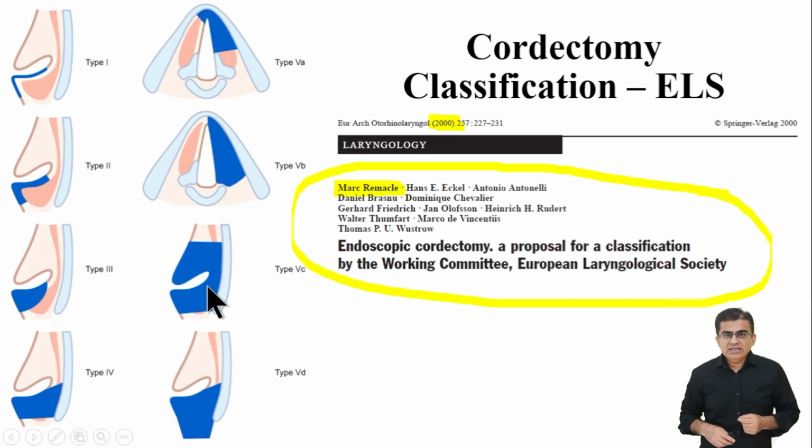Our strict goal is to preserve every single possible millimeter of healthy tissue. We must do this to give our patient the absolute best possible voice after surgery. So let us look closely at the diagrams on the left side of your screen. We will now break down every single type of these cordectomies step by step.